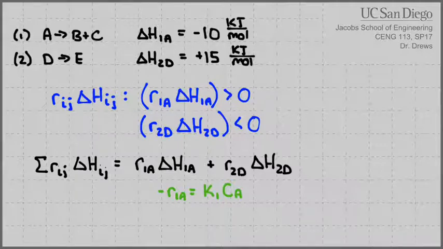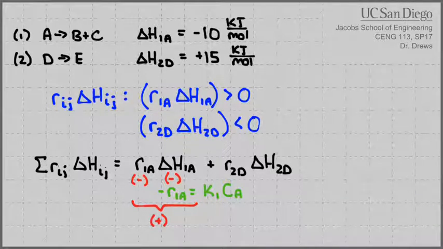which means if I investigate the signs on each one of these, this one I would expect to be negative. A is a reactant. I would assume that if this reaction is proceeding, it is going to consume A, so R1A is negative. From the problem statement, it's also exothermic, so my next term, delta H 1A, is also negative. And the net result is that this entire term is positive.